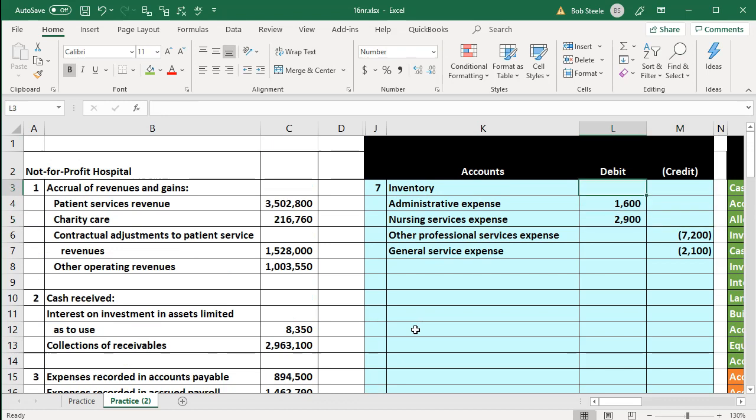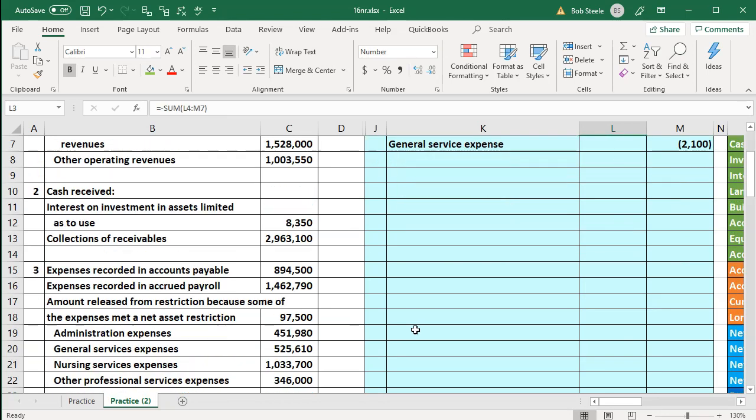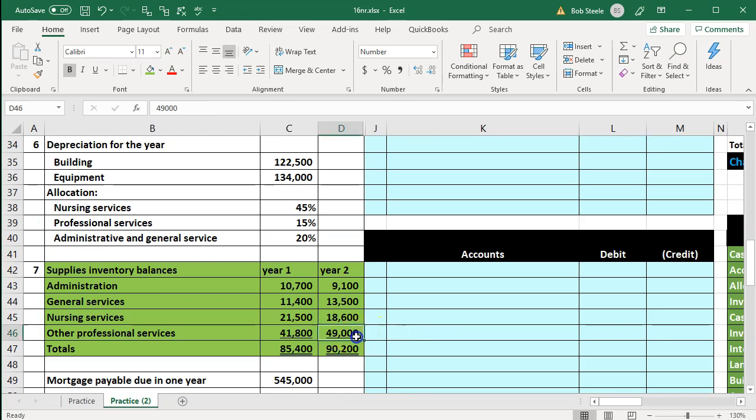And then we're going to say that the debit is going to be the negative sum. This will be our plug formula, the negative sum of these numbers, and enter, which is the 4,800, which we also saw normally in an adjusting entry. They give us this ending balance in inventory, and we basically have to calculate to that ending balance.